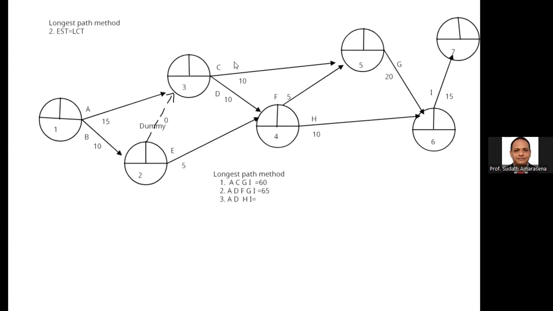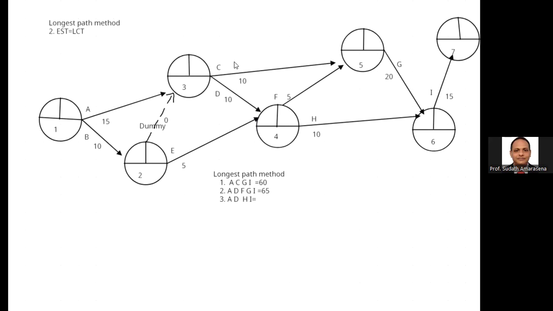It's another alternative path. We can go via the B, E, H, I. B 10, E 5, 15, H 10, 25, 30, 40.